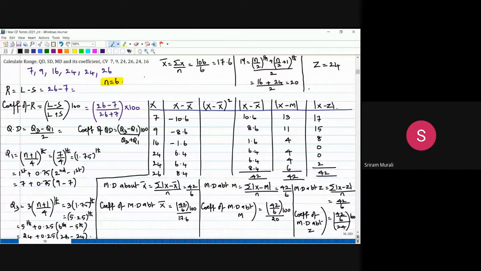Lastly, we have to find sigma, I mean, variance or standard deviation. It is the root of sigma x minus x bar the whole square divided by n. We found x minus x bar. Just square this: 112.36, 73.96, 40.96.